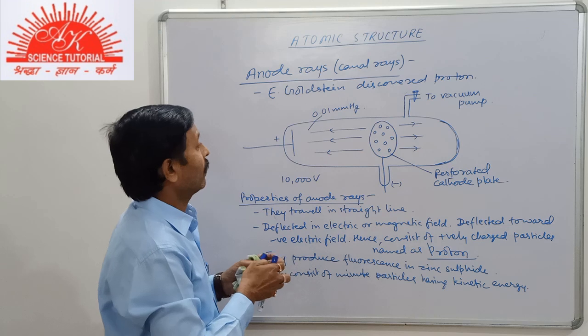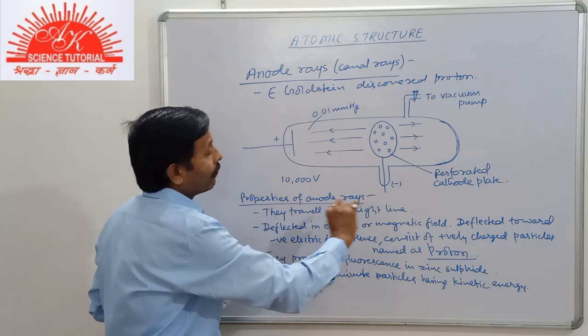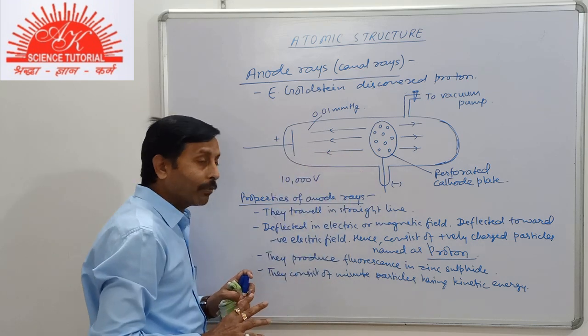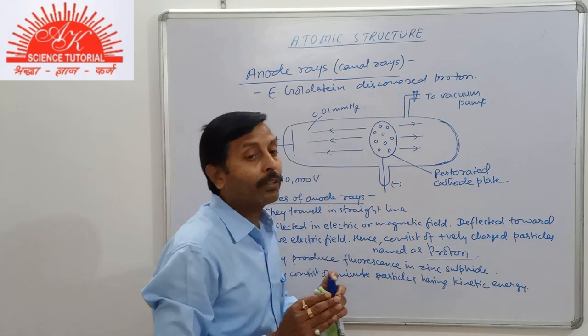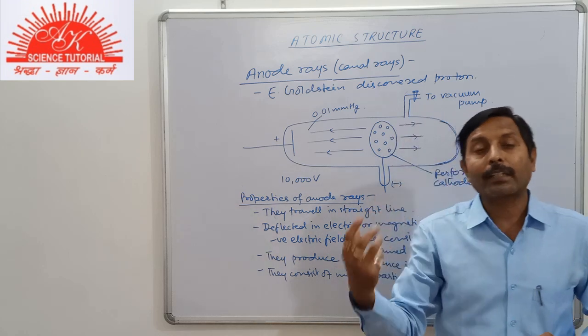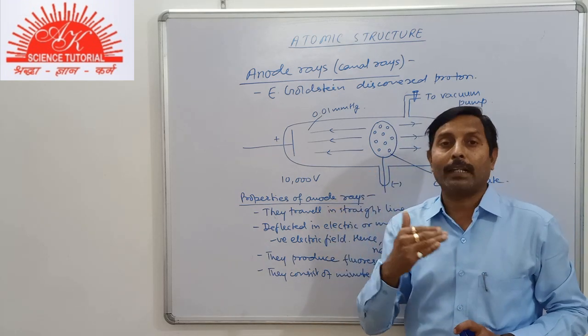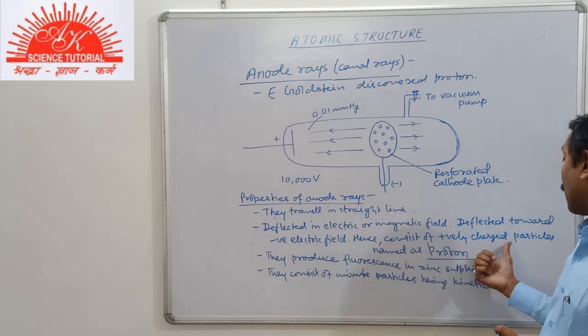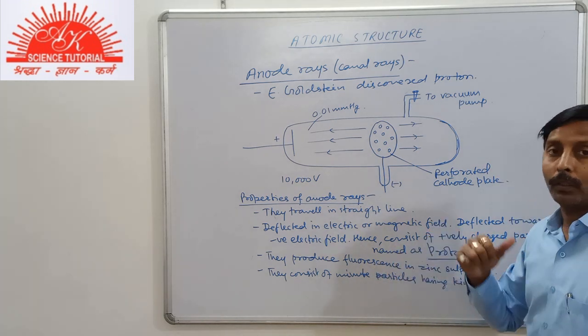So students, we have mentioned some of the important characteristics of anode rays. To summarize: first, they travel in a straight line. Second, they are deflected in electric or magnetic field, and in an electric field they are attracted towards the negative plate, hence they consist of positively charged particles called protons.